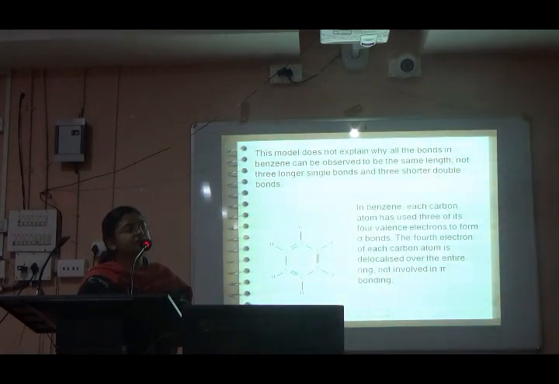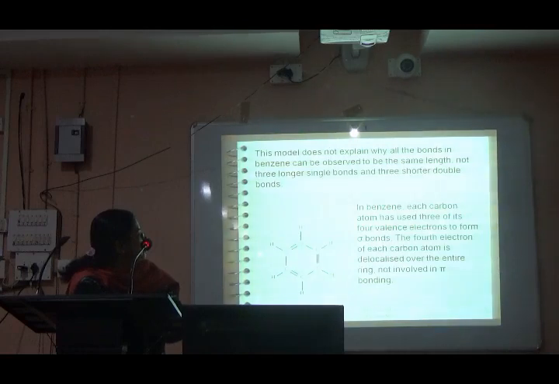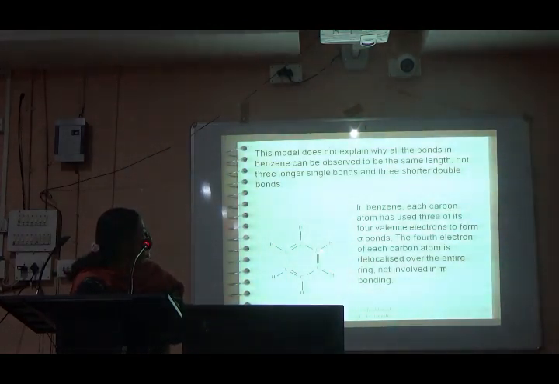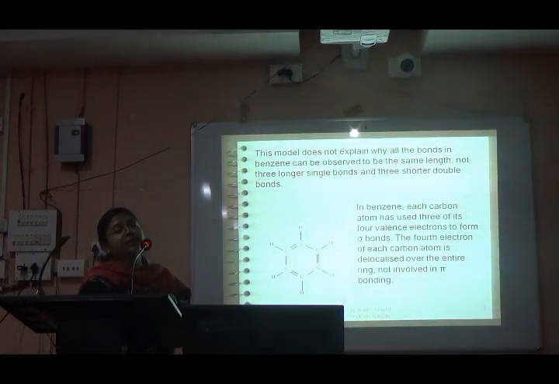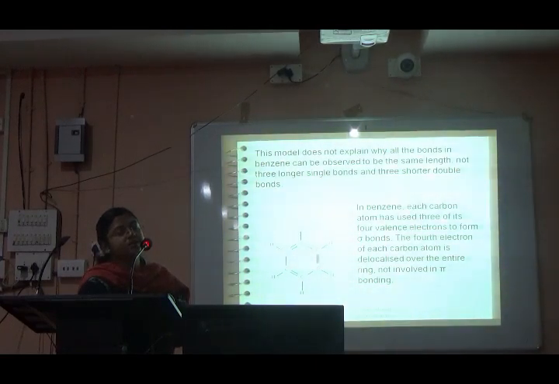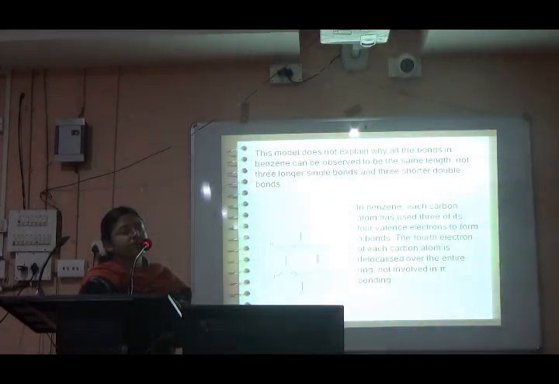Now we use the hybridization concept. Each carbon atom of benzene has got at least one double bond. So we invoke sp2 hybridization for the molecule. Now since each carbon atom has got 3 sp2 hybrid orbitals, one with hydrogen and the two with the other two adjacent carbons, the remaining unhybridized p orbital forms the pi bond.